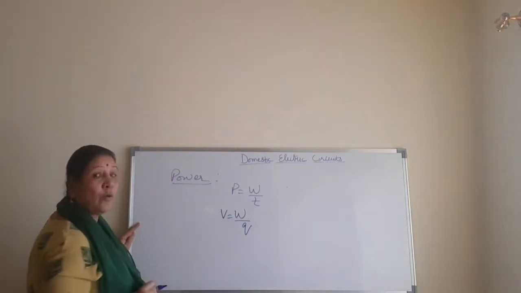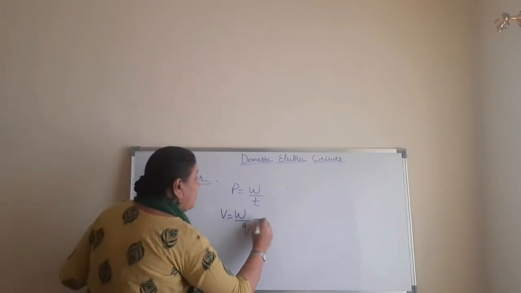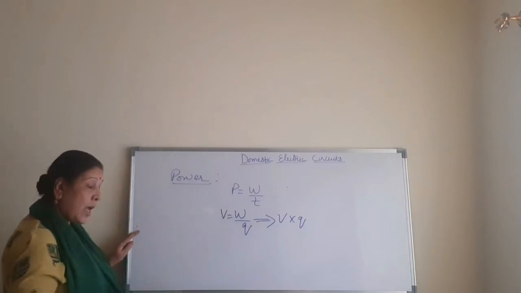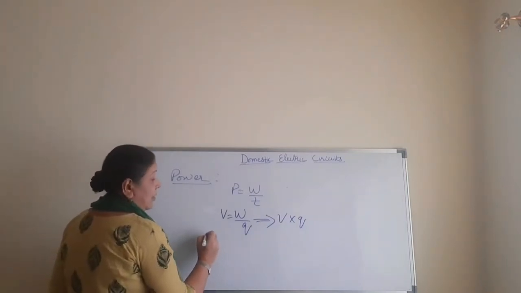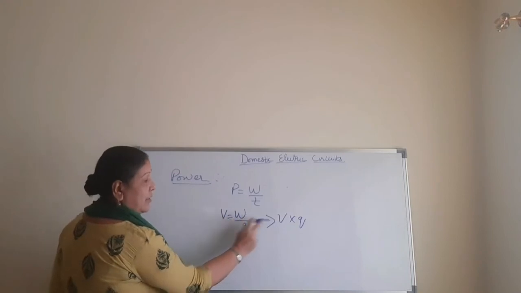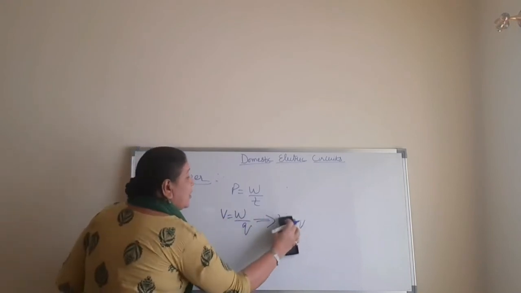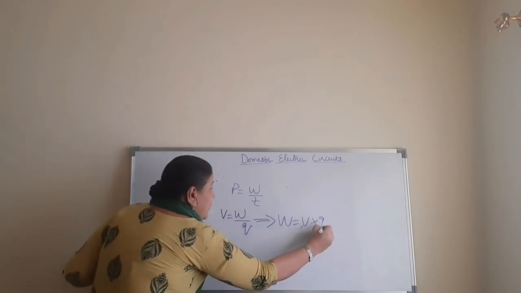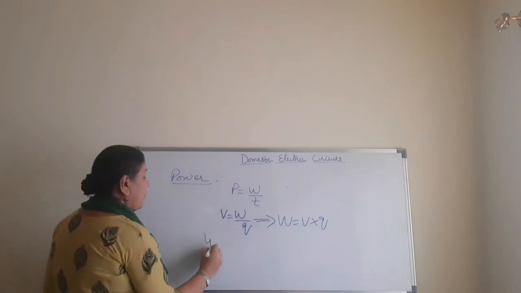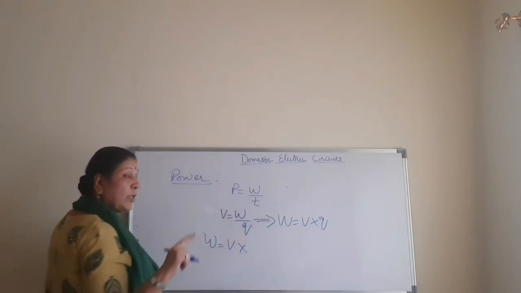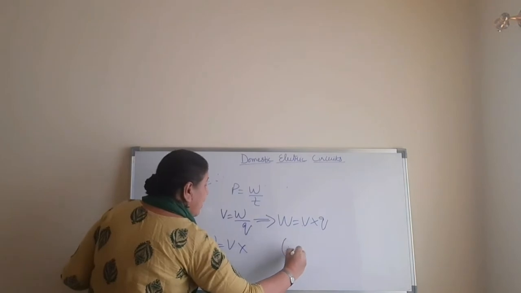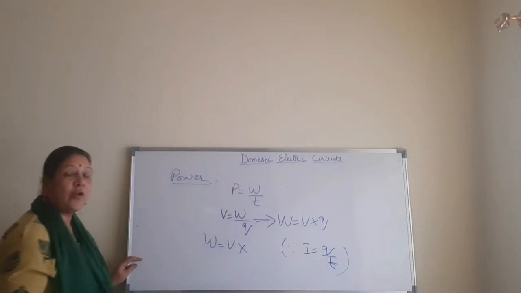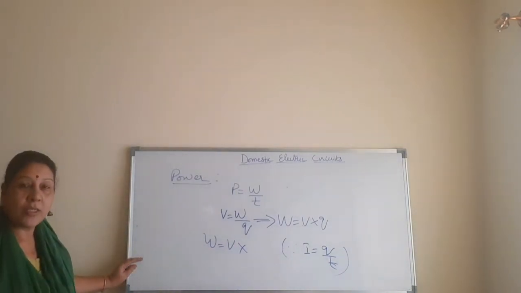V is equal to W by Q. Same thing I'm using, and from here I can write that W is equal to V into Q. Now, if you remember that we said I is equal to Q by T, the rate of moving of charge is called the electric current.